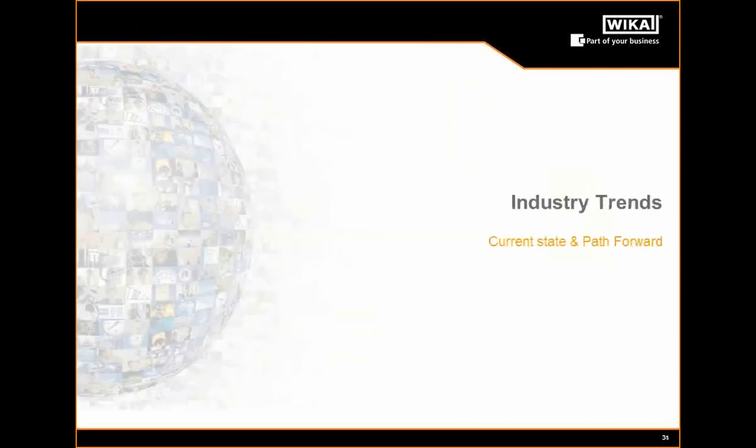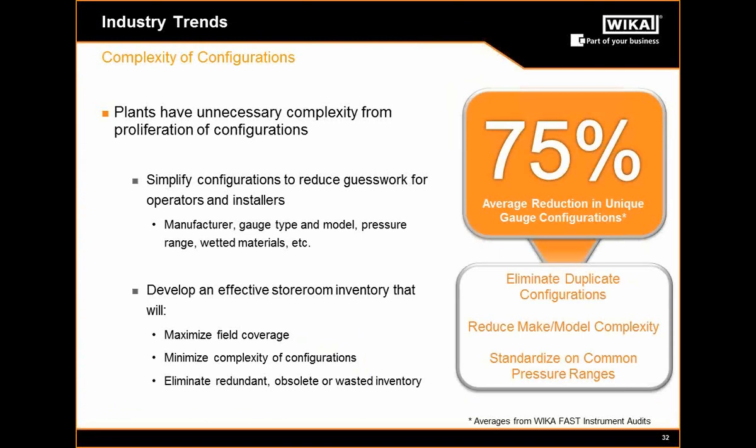Now let's speak about the larger picture industry trends, why gauges aren't getting the attention they really deserve. What we're finding is that in plants, they have considerable unnecessary complexity, and this has taken place from the proliferation of configurations over the life of the plant. If you think about some of these plants, they predate probably many of us that are on this call.